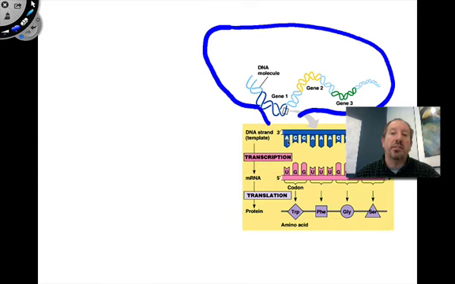As we said that the 3 bases is the code, what we're really operating with is messenger RNA. So the genetic code to make a protein is really carried by messenger RNA into the cytoplasm at the ribosome. That's where the genetic code, in other words, the sequence of nitrogen bases, is translated into a polypeptide sequence.